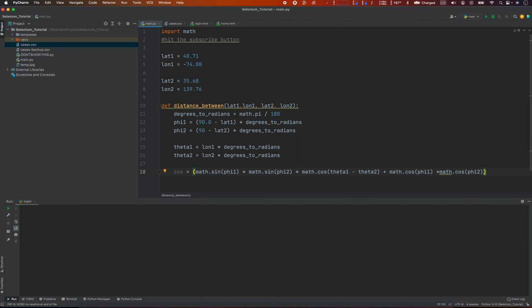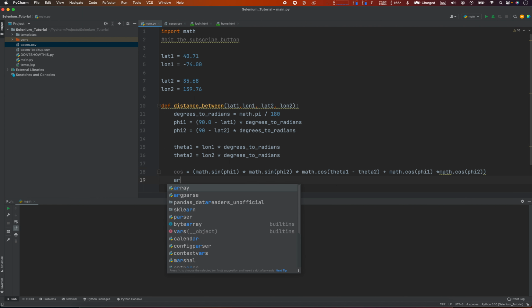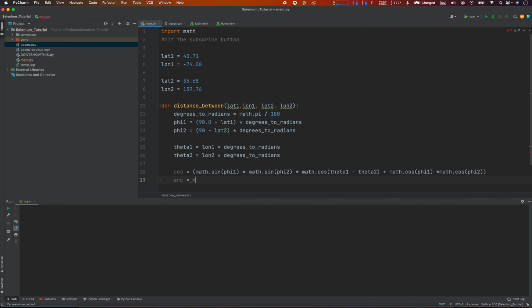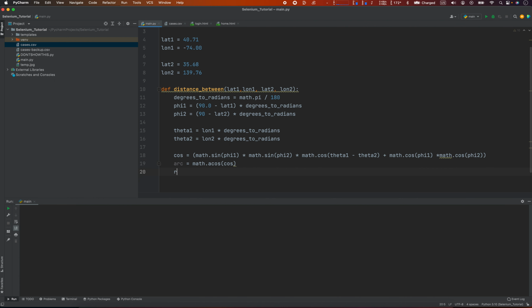That looks right? And then we're going to take the arc, which is going to equal math.acos over that, and we're going to return the arc.